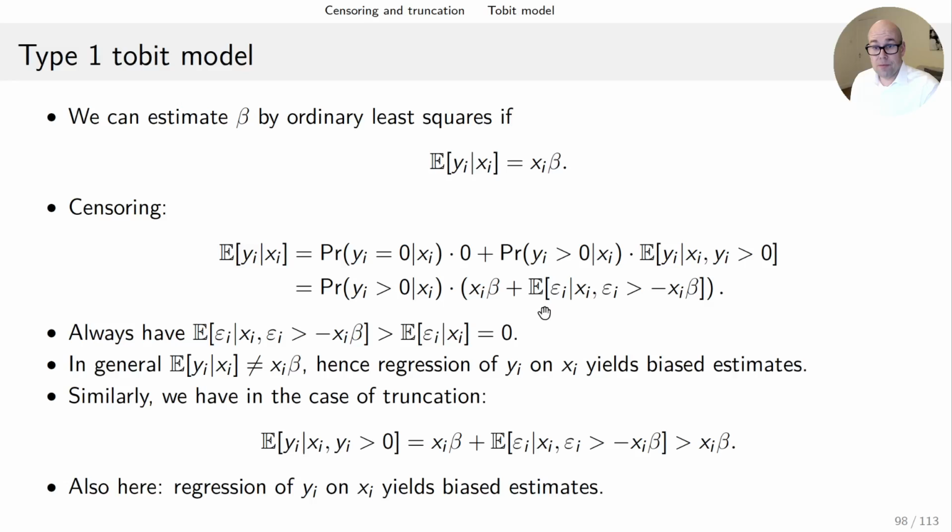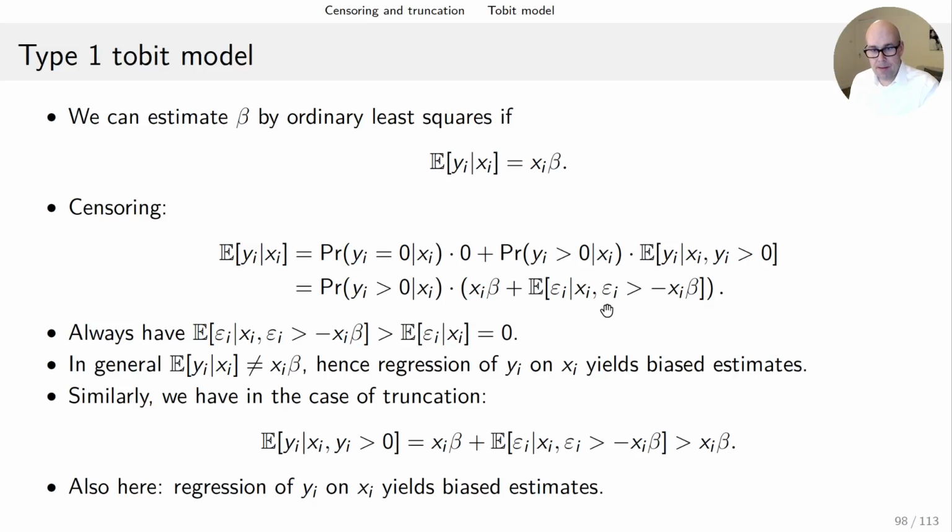Plus what then remains is the expectation of the econometric error term, epsilon i given x, and given that there is no censoring. Given that there is no censoring means that epsilon is not too negative. So epsilon i, as we have seen before, needs to exceed minus xi beta.